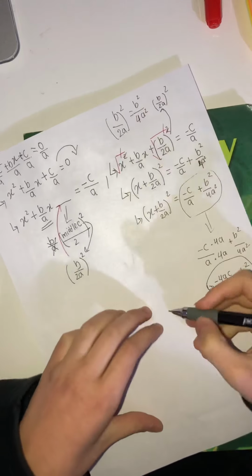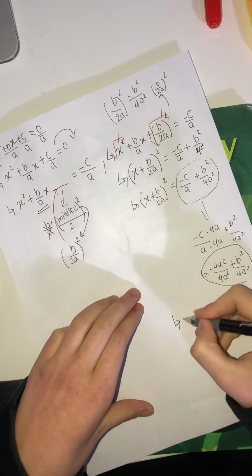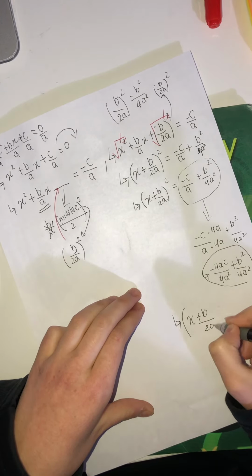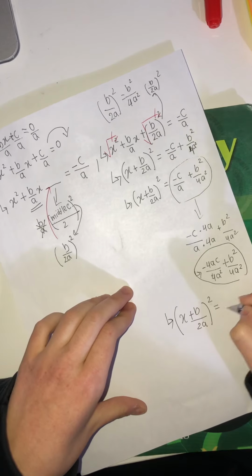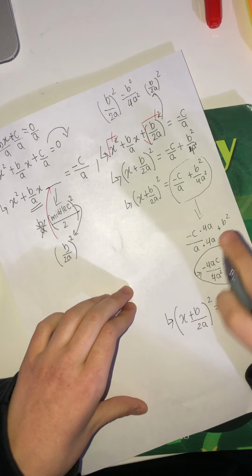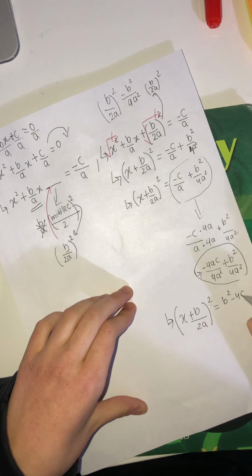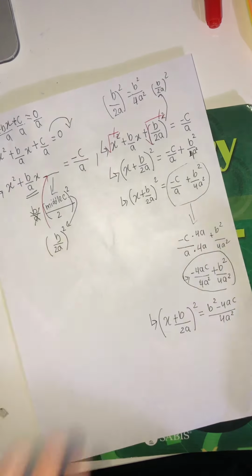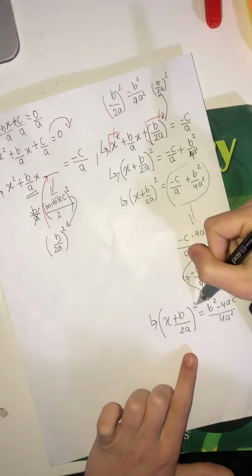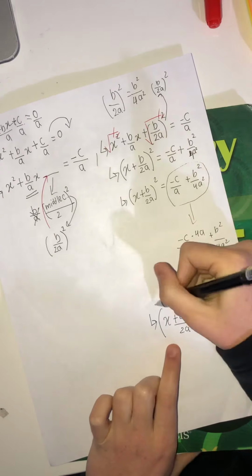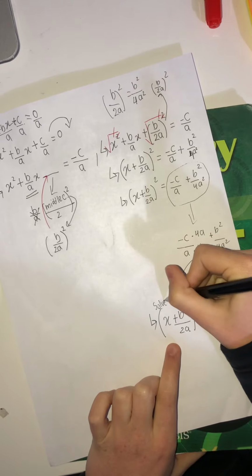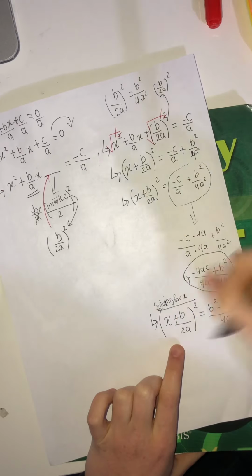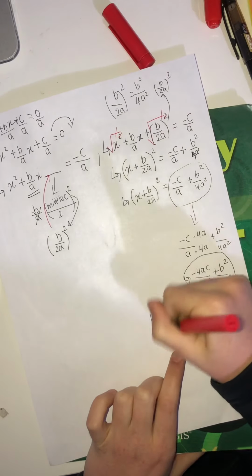Now I want to get rid of this power of 2. I want to be left with x, solving for x. So I take the square root on both sides.